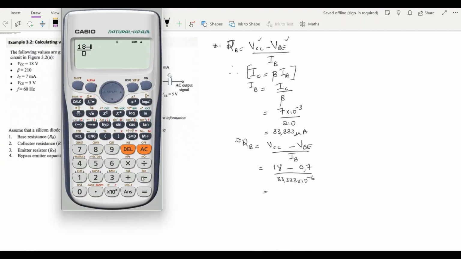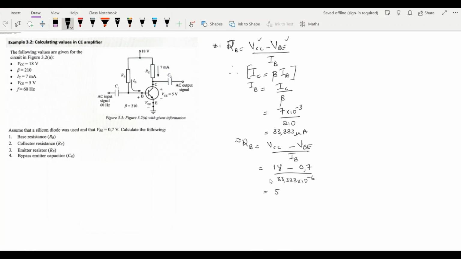This is going to be 18 minus 0.7 divided by answer. When I click the button of answer, it will just insert the whole number that I have obtained here, right? So I know I will get something that is related to the answer that I want. Here, the value of RB is found to be 519 kilo ohms.